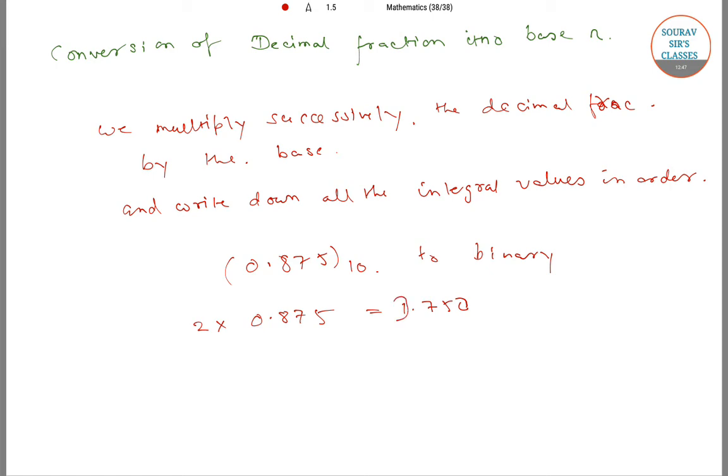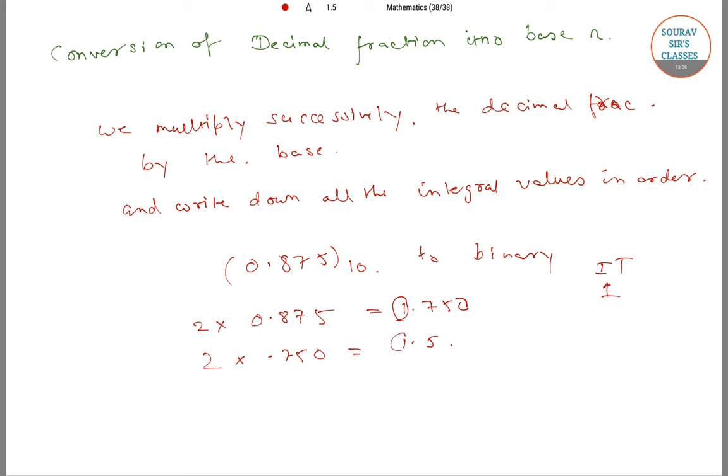Here the integral part is 1. Now we will multiply the decimal part, 0.750, by 2 again and we get 1.5.